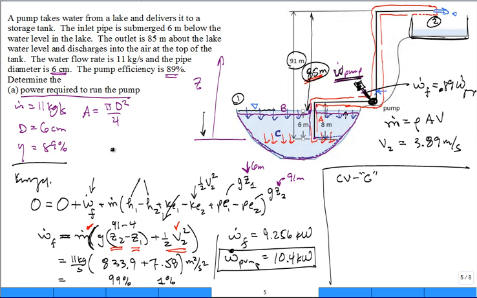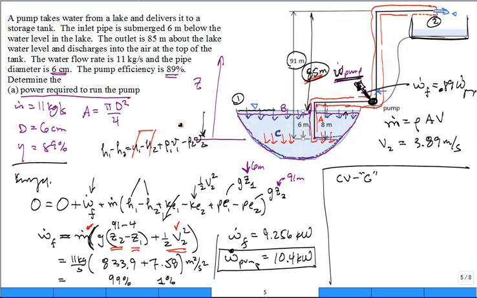H1 minus H2 is equal to U1 minus U2 plus P1V1 minus P2V2. Is that the change in H? Yeah. And so if you have negligible change in temperature, then definitely the change in internal energies are 0.